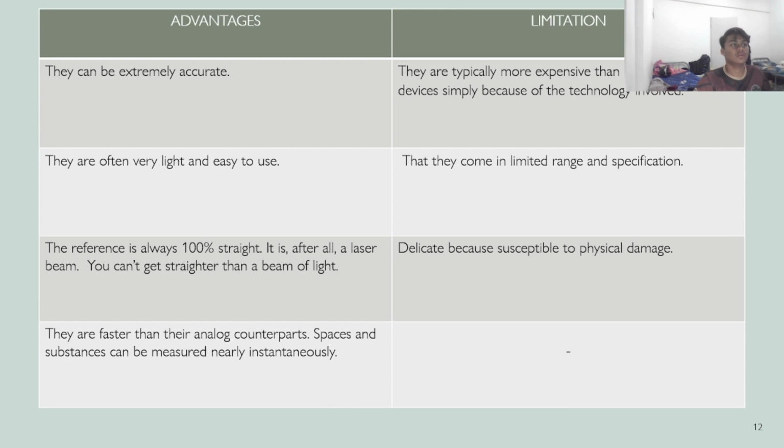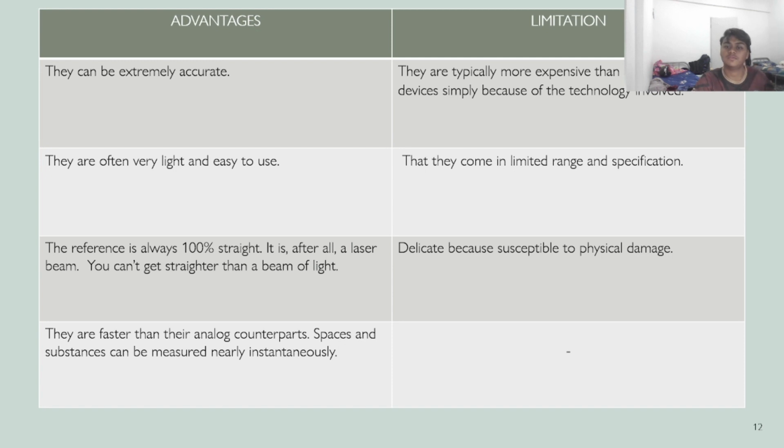Okay, next, the limitations of the laser measurement sensor. There are 3 points. First, they are typically more expensive than analog measuring devices simply because of the technology involved. And the bigger the sensor, the more expensive it will be.